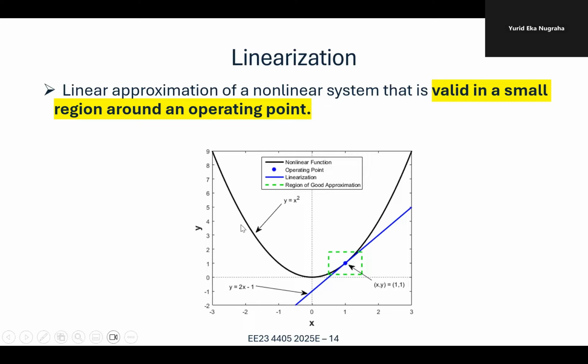So this curve here is the same as this line. Well, of course, it's not the same, but it's the same if we look only at point 1, 1, and the region around that. This region represented by the green box here is the linearization region.